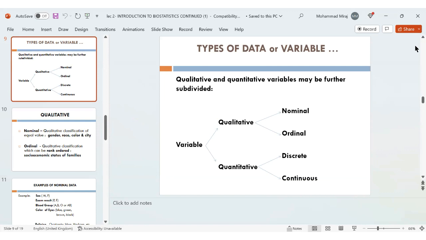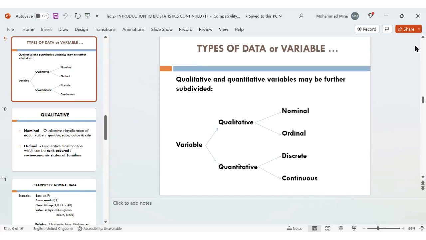High income countries have a higher median income per capita than the other countries, but how much higher we don't know. It is like pain: 0 means no pain, 10 means very severe pain, in VAS, the visual analog scale. But how much higher, we don't know. So that is the example of ordinal.